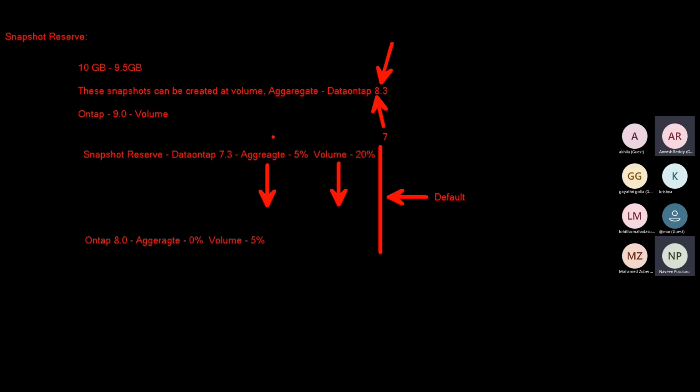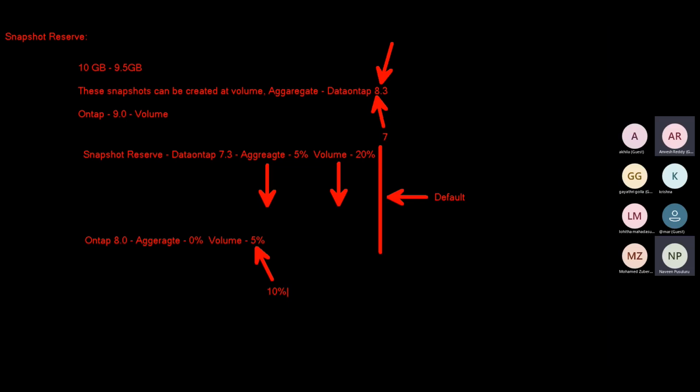For example, if I want more space for my snapshots, I can set my snapshot reserve to 10%. I can do that on a particular volume, not on all the volumes. Like that you can increase or decrease the snap reserve based on your requirement. Any questions on snapshot reserve?